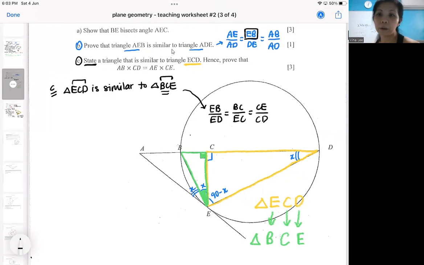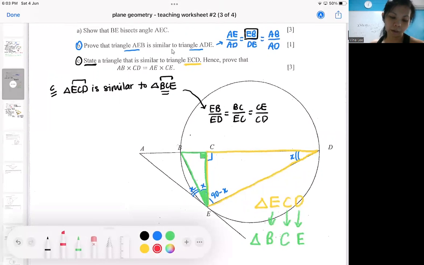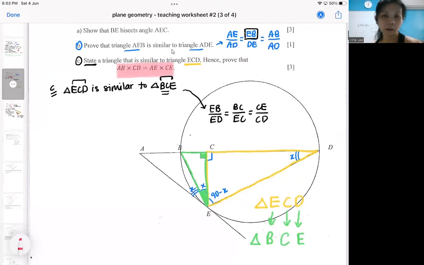You don't know how it's going to help you at the moment, but you know that for similar triangles, the ratio will always be valid. After that, how will that help me with the part that I wanted to prove? I also wouldn't be able to see it. So I usually will cheat this part, by looking at, so I got the AB, I got, okay, hang on now, did I write wrongly?